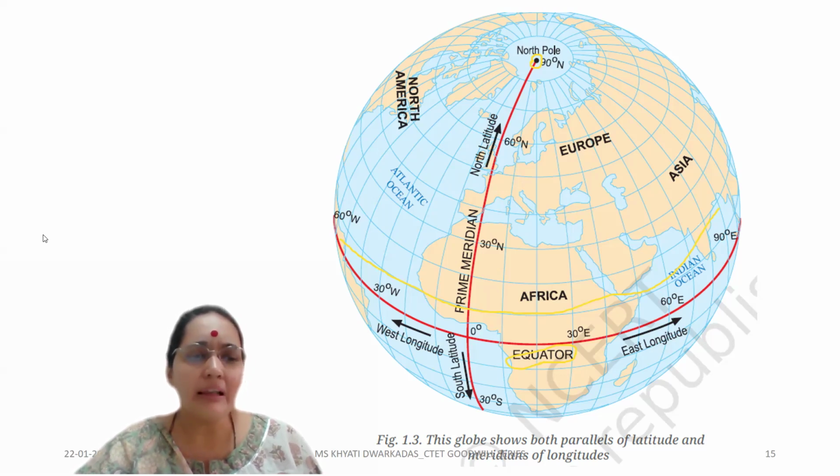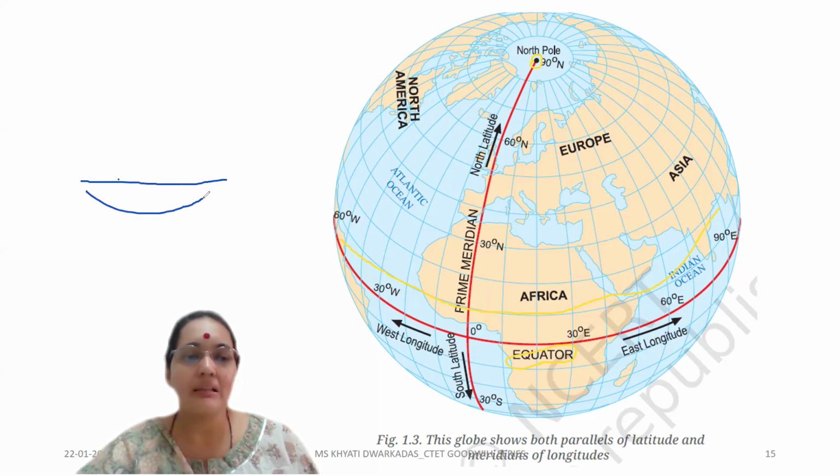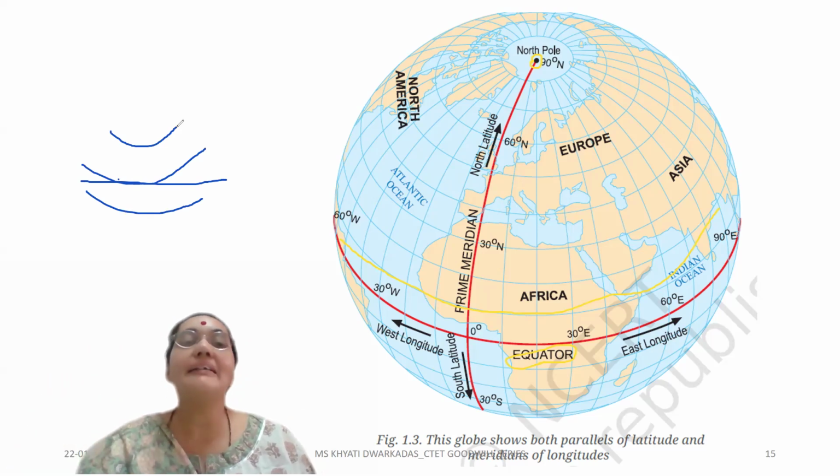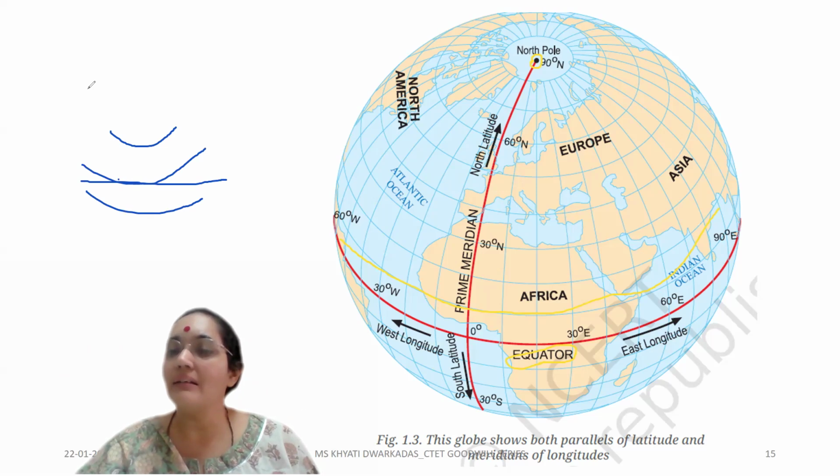Tricks are simple and easy to remember. A line that goes like this, any line that goes like this, is latitude. These are parallel lines. They do not meet anywhere.